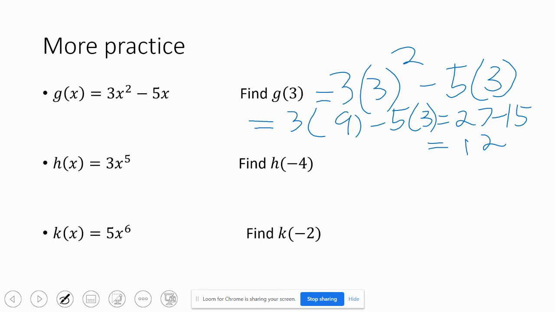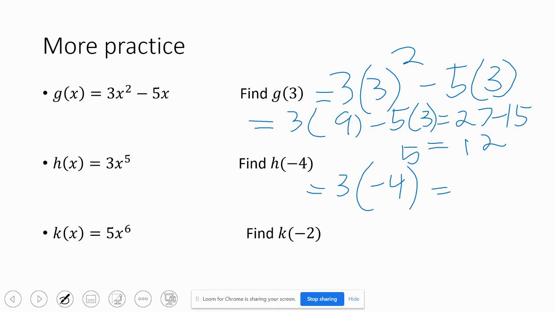Okay, now let's try the next one. We have h of x equals 3x to the 5th. So we find h at negative 4. So that would be 3 times negative 4 to the 5th power. You first do the exponent, negative 4 to the 5th power. 4 to the 5th power, I think it's 1280.